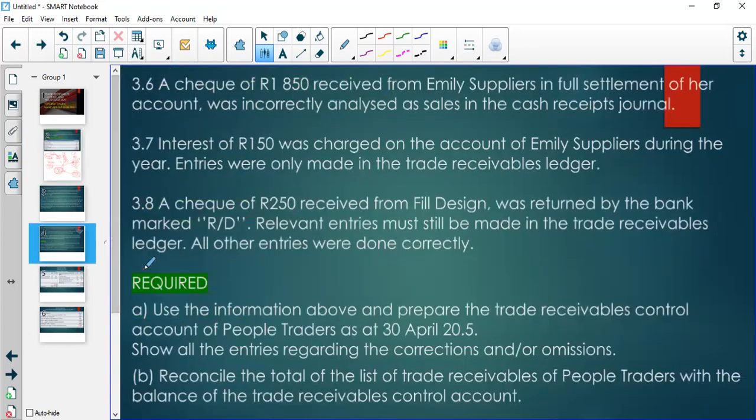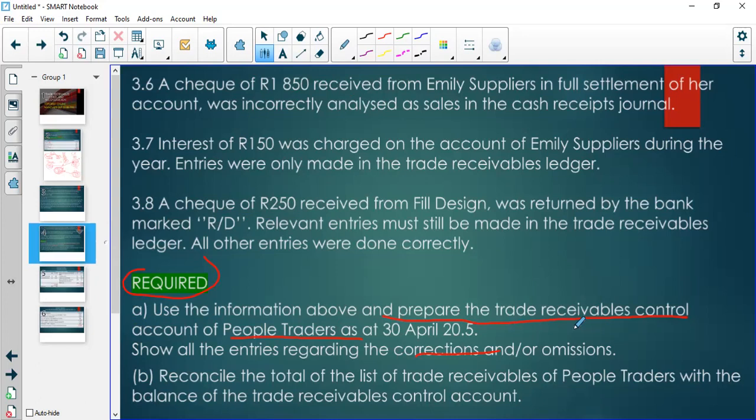So the question here, the required, says we must prepare the trade receivables control account, right? So when we prepare the trade receivables control account, we need to remember that all amounts should be recorded correctly. If they are sold on credit, right, then they have to be recorded in the trade receivables control. So that means that your cash sales, if we sell for cash, we cannot record that in the trade receivables control.